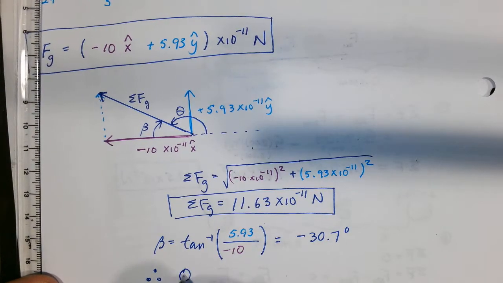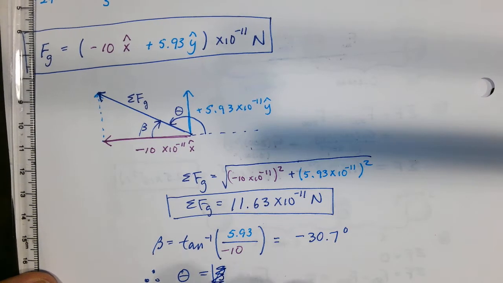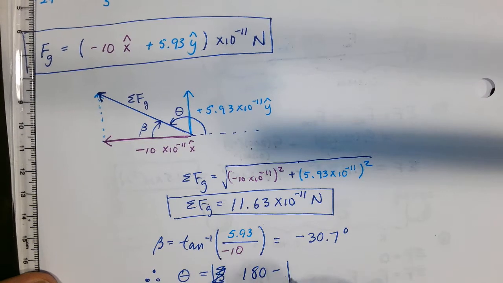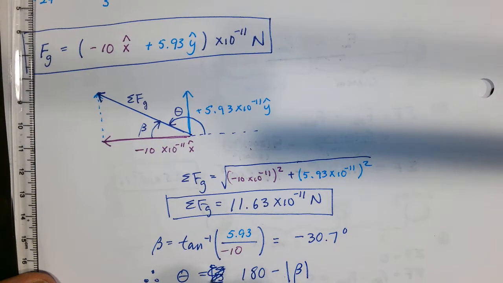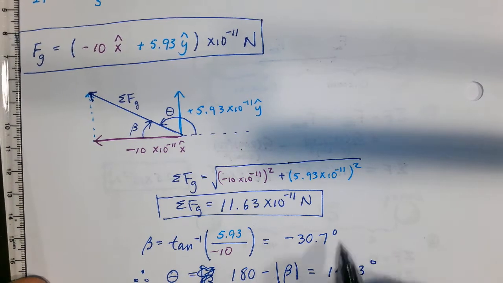Therefore, your theta is equal to 180 minus the absolute value of beta. Therefore, I believe you get a positive 149.3 degrees as your theta.